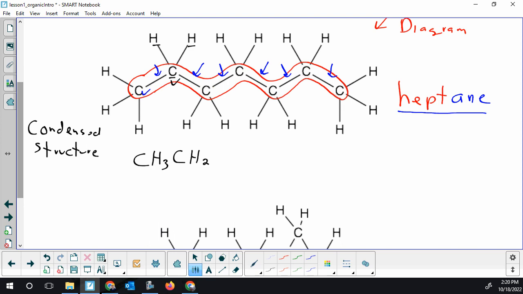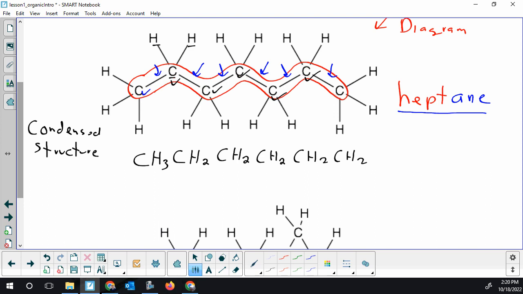I move on to the third carbon, and there's 2 down H's next to it. I move on to the next carbon, and there's 2 carbons up. The up doesn't matter. I'm just keeping track of where they are. Now we're back to 2 down H's next to that carbon. Our 6th carbon has 2 H's.